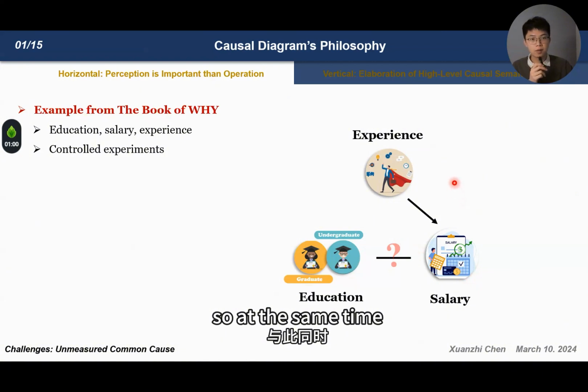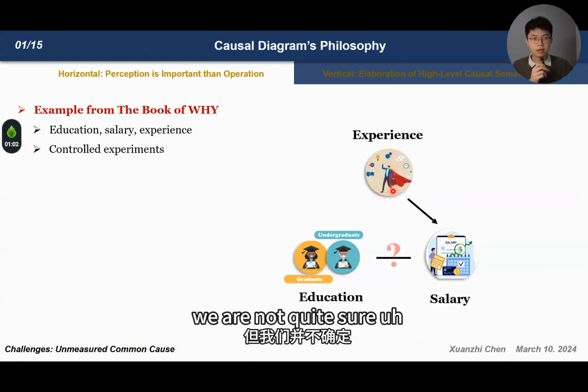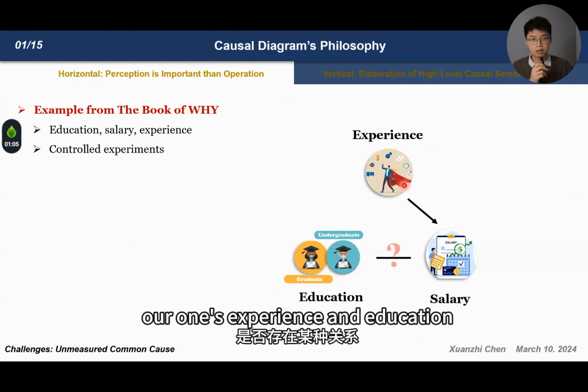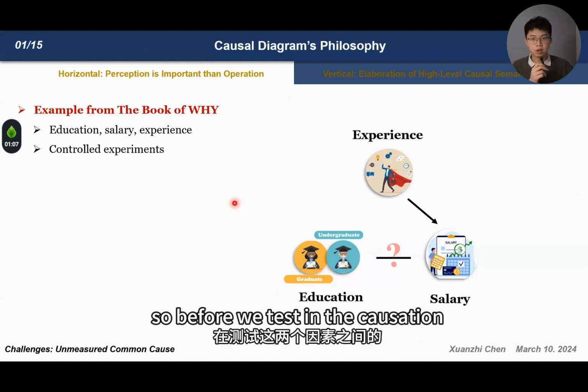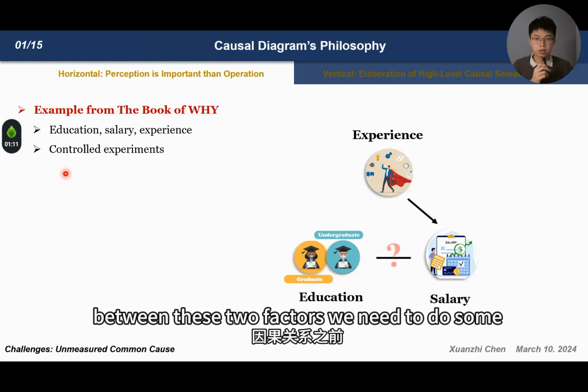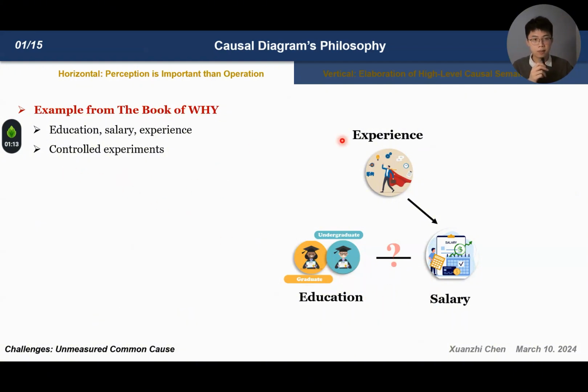At the same time, we are not quite sure if there is something between one's experience and education. So before we test the causation between these two factors, we need to do some control about other factors such as experience to remove their bias, right?